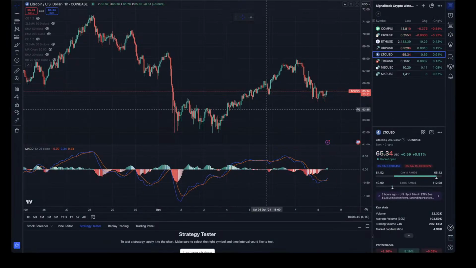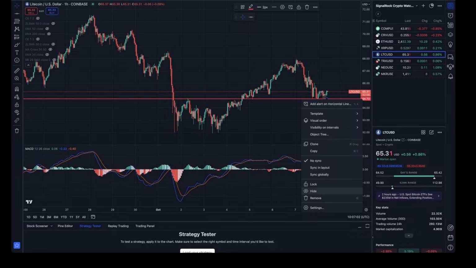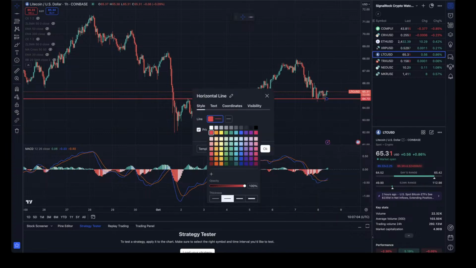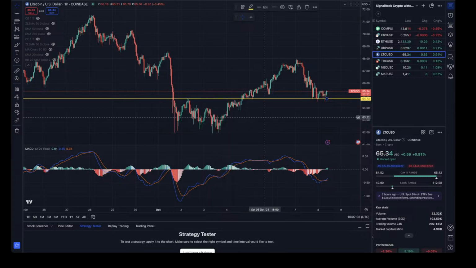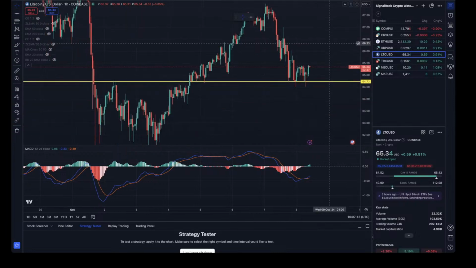So we're at this level here. Very significant level. Remember, this is just purely technical. Let's change that to yellow, or gold. No, let's do yellow because it's not gold. I am trading gold on a different platform over there.